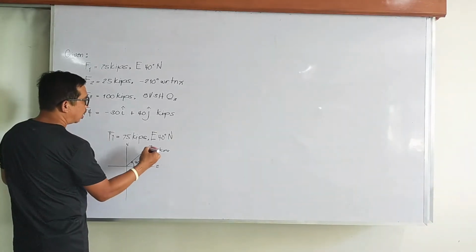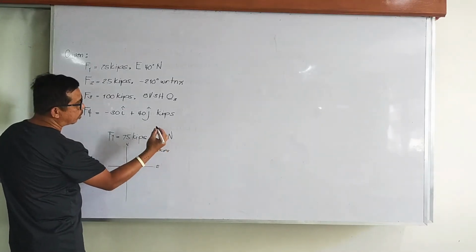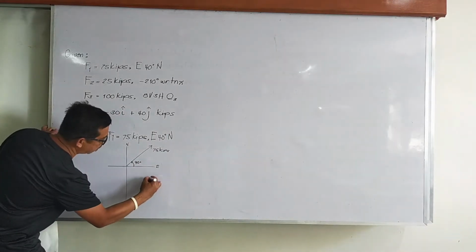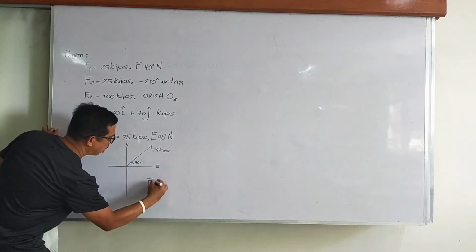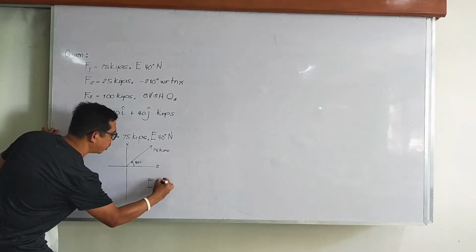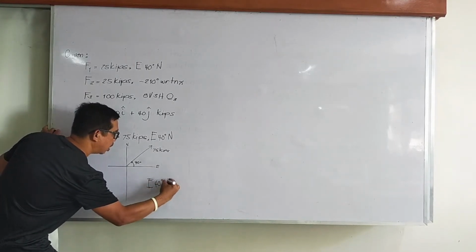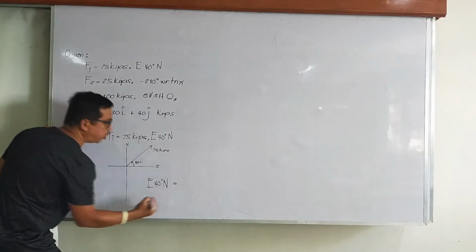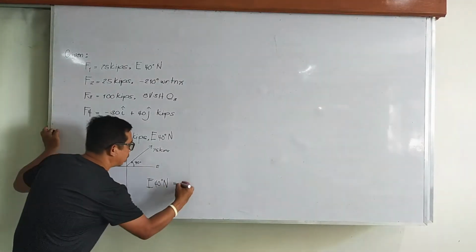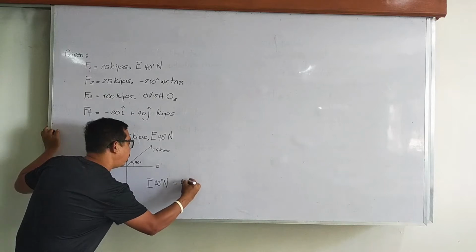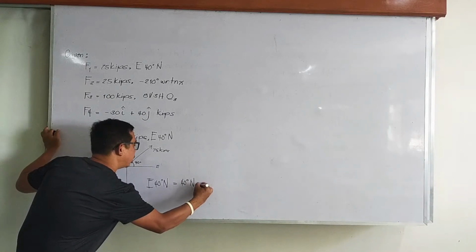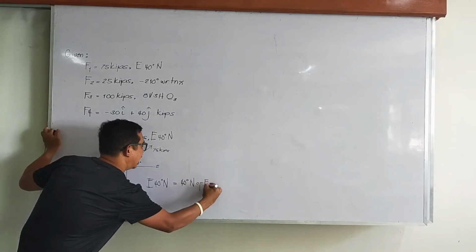Meaning, east 40 north, east 40 north is also in the same position as your 40 degrees north of east.